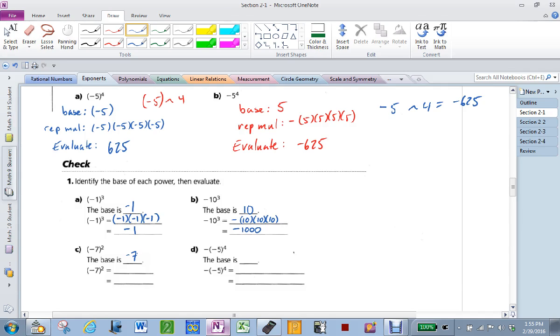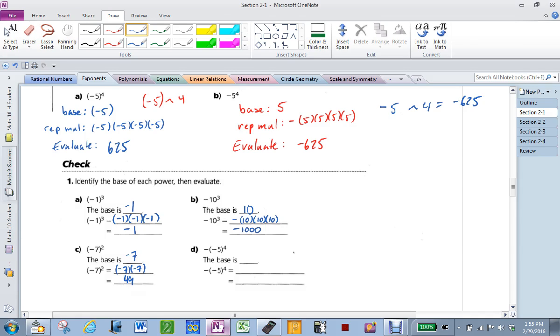The negative or the 7 or both? Both. So this is negative 7 times negative 7, which makes it positive or negative? Positive 49. Cool?